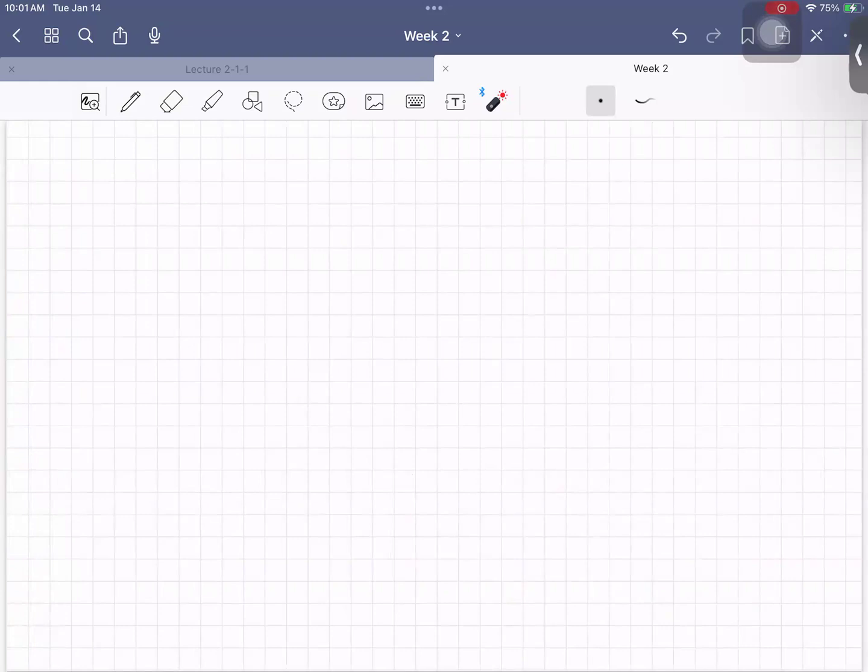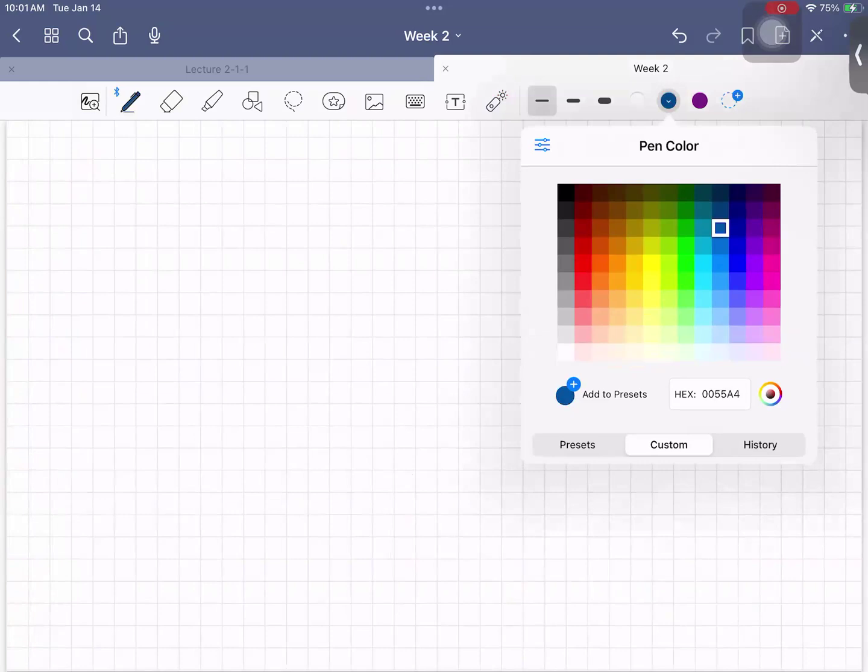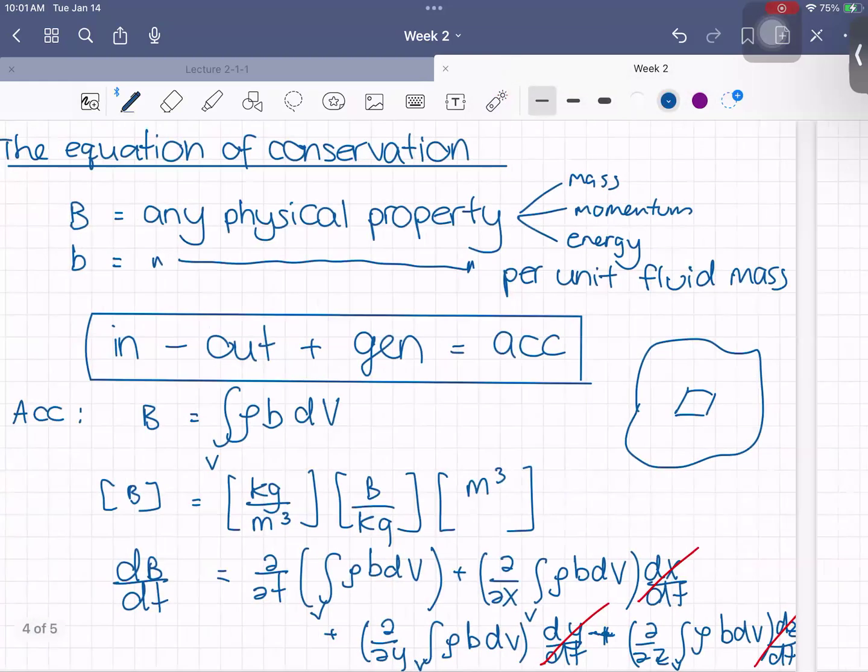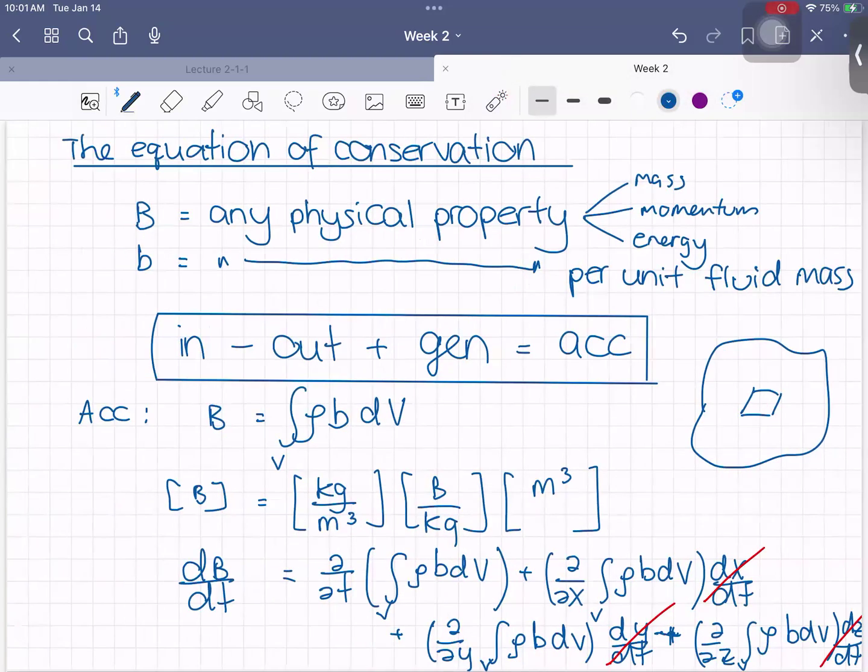So, the assumption is that, let me just put it right here so that it's on the same page. Assumption: there's no change in size of the system with time.